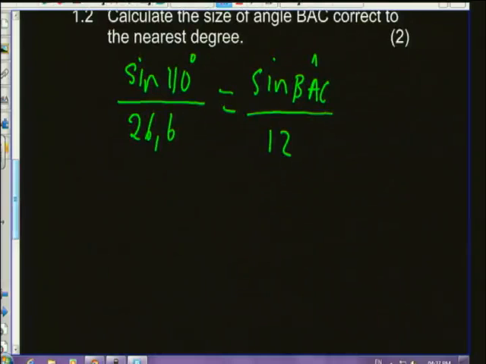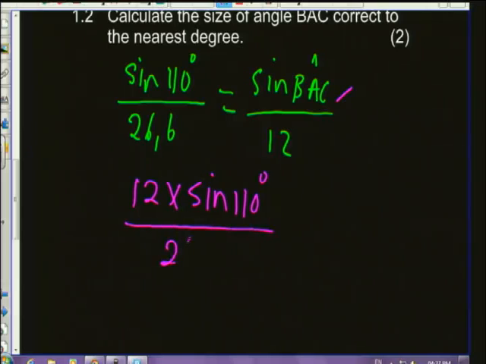I need to make sine BAC the subject of the formula. So I can cross multiply or just multiply by 12 throughout. So in other words, I will have 12 by sine 110 divided by 26,6 equals sine of BAC.